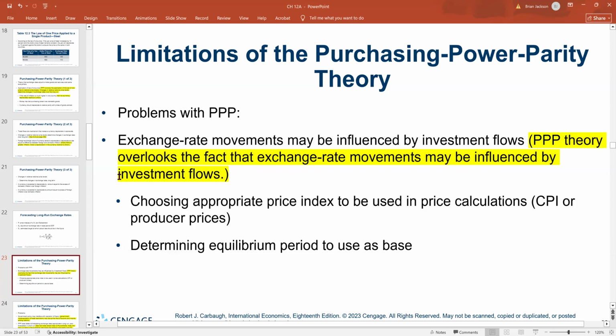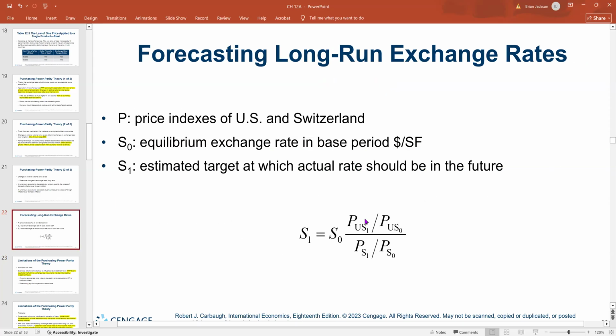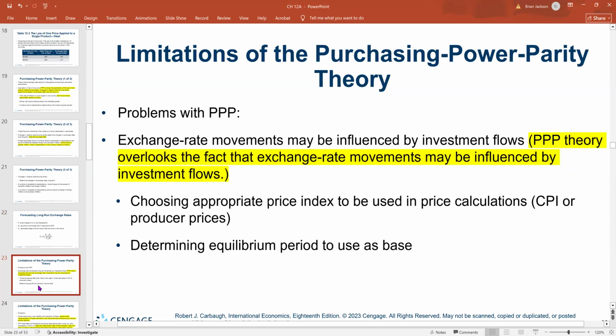People may want to invest in Swiss bonds instead of U.S. bonds because there's a differential in real interest rates and so forth. There's nothing, at least directly, in this formula that refers to any real interest rate differentials. So this is a limitation of purchasing power parity.